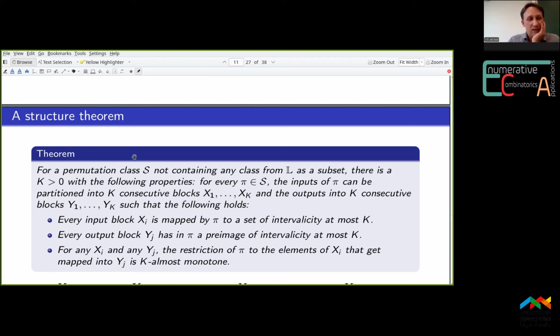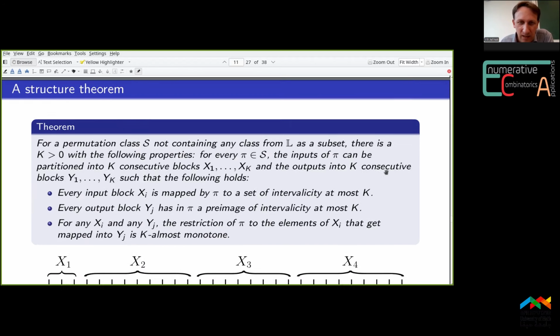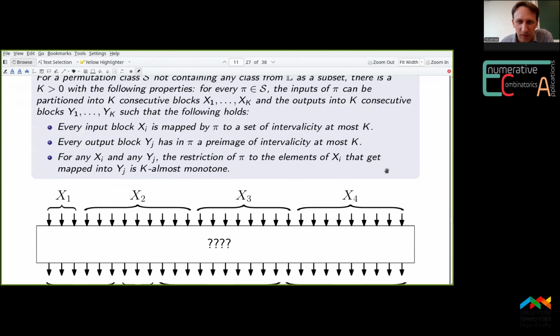So let's say I have a permutation class S, which does not contain any class from this polylog catalog as a subset. And I claim that for any such class, there is a constant k with the following properties. And let me scroll down for the picture.